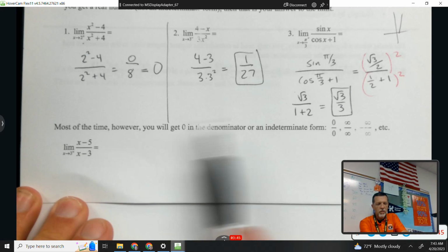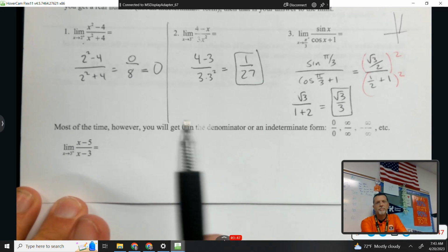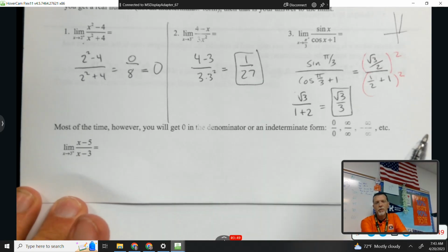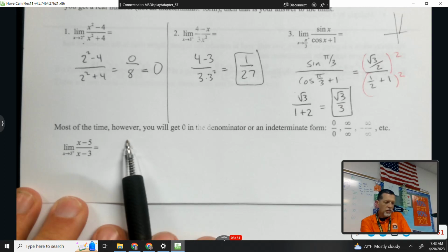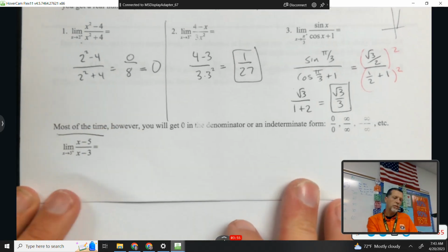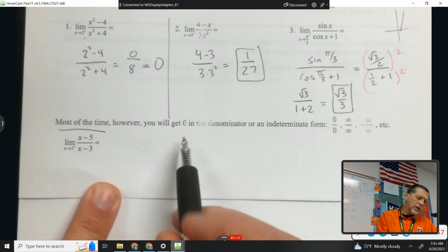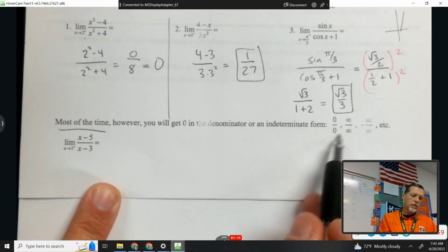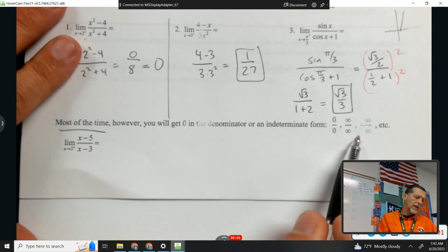So first go, plug in, hope it works, but it won't always. Most of the time, because we don't like the boring ones, we want the fun ones, you will get 0 in the denominator, or one of those weird forms we were looking at the last couple days.